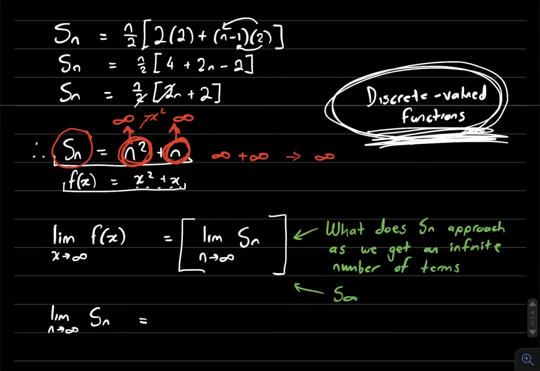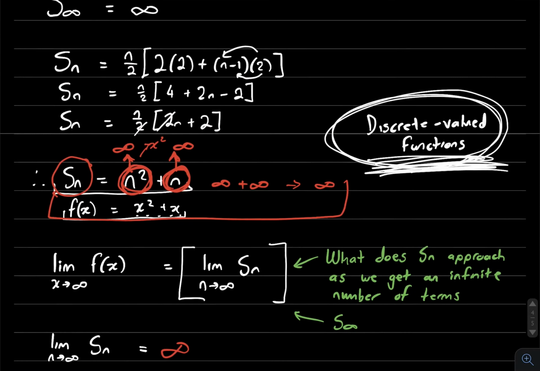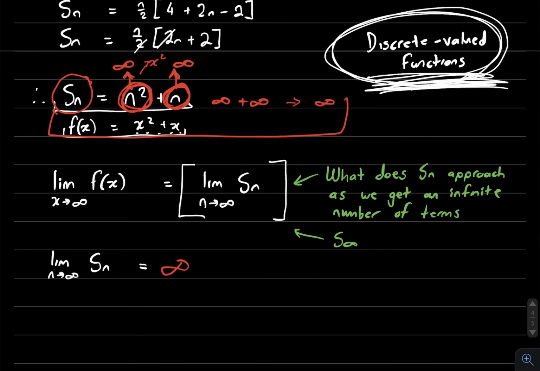Okay? It doesn't behave like numbers. So we know that S of n must be approaching infinity. Okay? So you'll realize that for this specific sequence, S of n is approaching infinity, right? As n gets bigger and bigger. So it's not approaching a specific number.